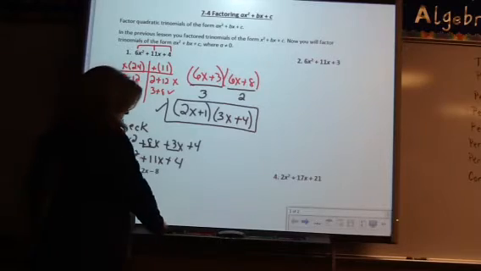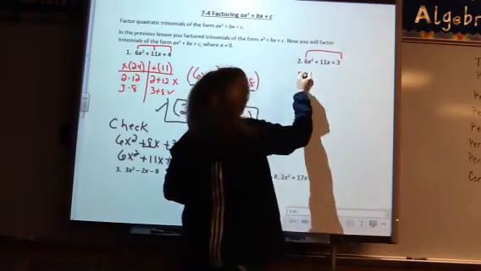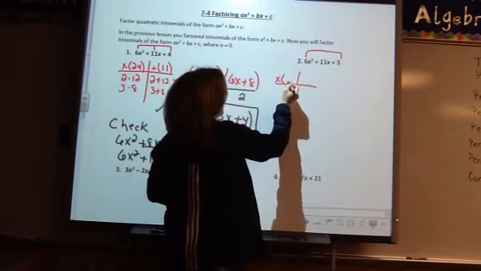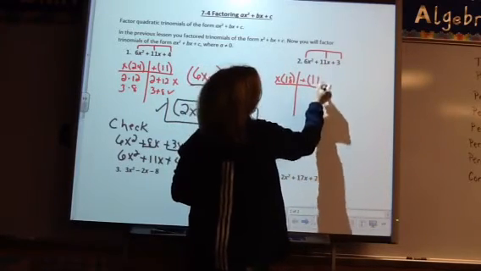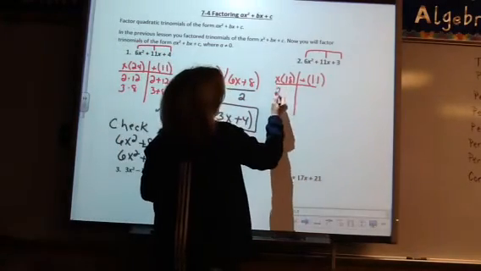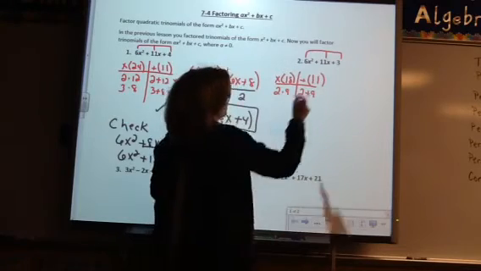Okay, let's do another one. So, we got to multiply 6 times 3 and get 18. And when we add, we need 11. Okay, so for 18, I know 2 times 9 is 18, but is 2 plus 9 11? Oh, it is.